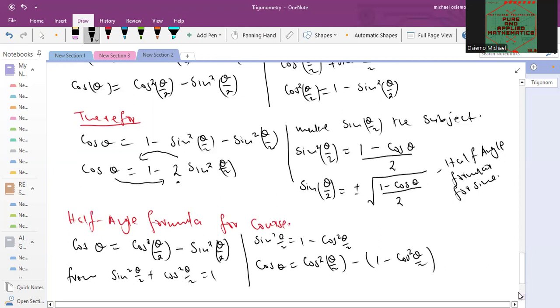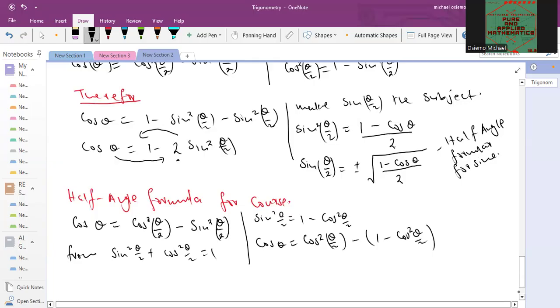So if you open up this bracket, we're going to have cos theta is equal to 2 cos squared theta over 2 minus 1.